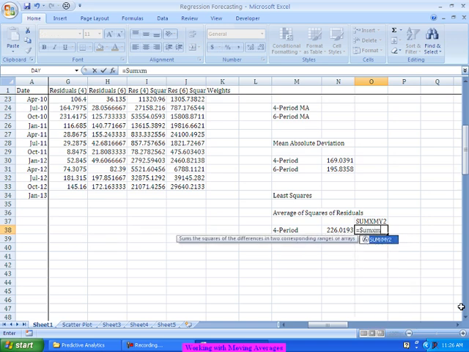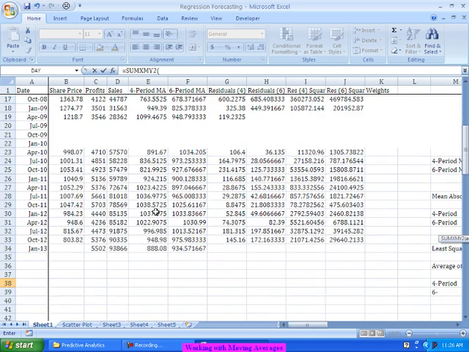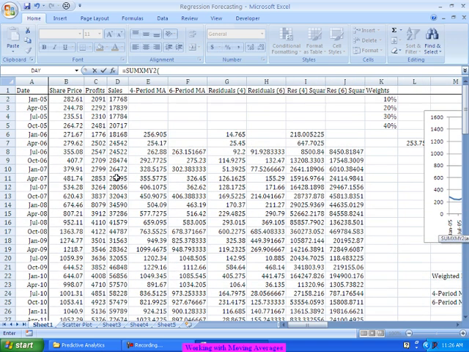I say SUMXMY2, wherein I give one input as x, which is the share price, and the other as the 4 period average.